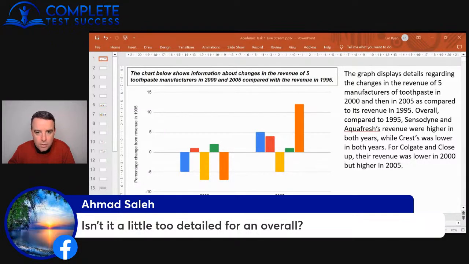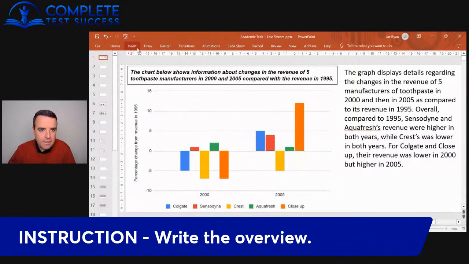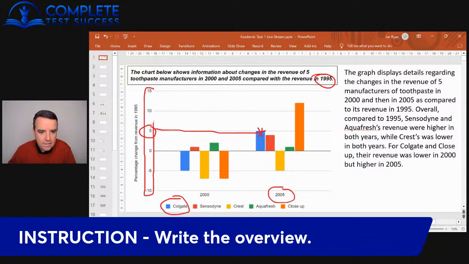No, definitely not. So when we're saying that you want to avoid putting in specific information in the overview, if you said in your overview that Colgate in 2005 was 5% higher than its revenue in 1995, that would be a problem. If you're putting in specific numbers, like the data here, into your overview, that's a problem. You'll automatically get a band 5 for task achievement instantly.